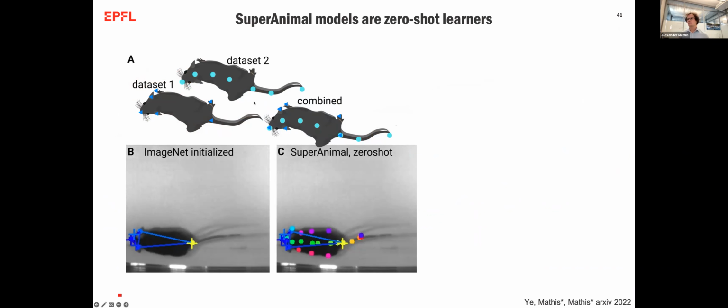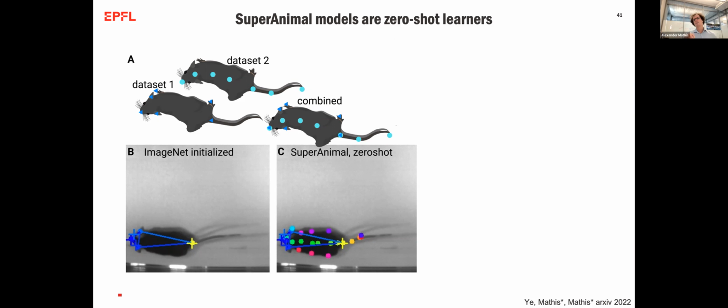So it's not 100% clear how you could pool them together, how you could train a model with data sets where some body parts are annotated in one but not in another. And then how do you train a model to predict, for example, the superset of all the body parts? And so we came up with a way which basically uses gradient masking, and I can talk about this in a second.